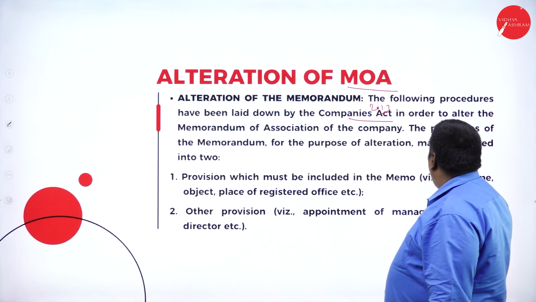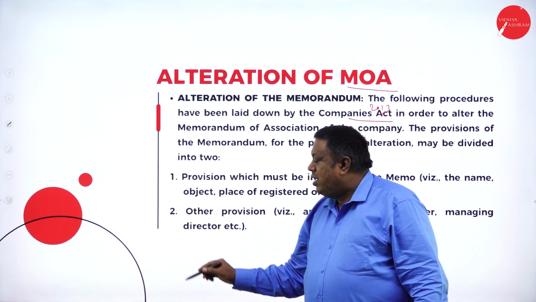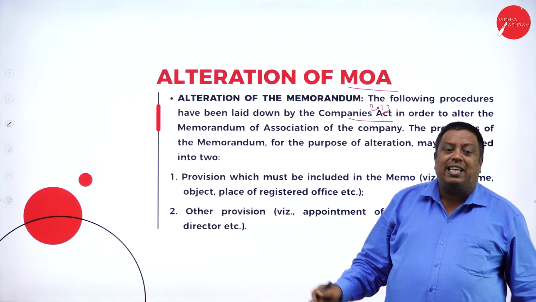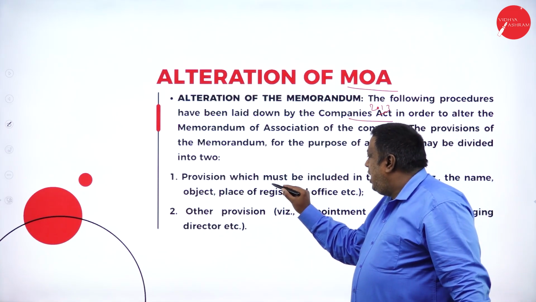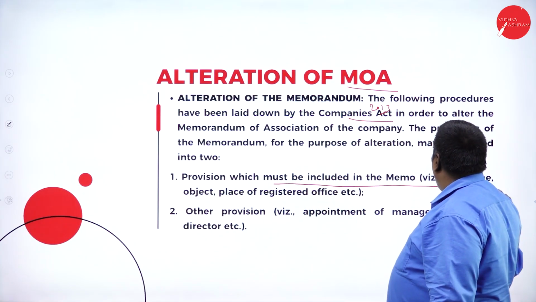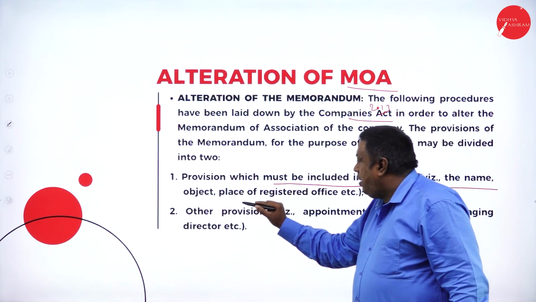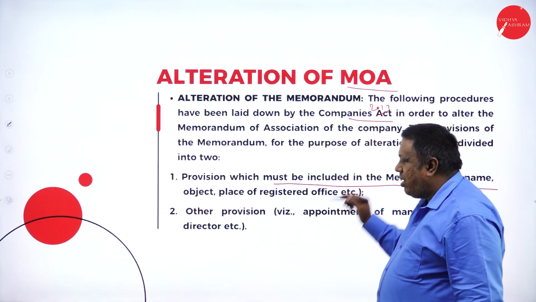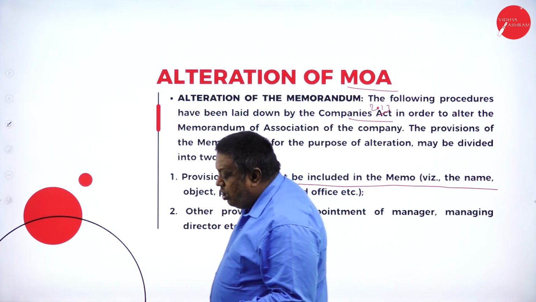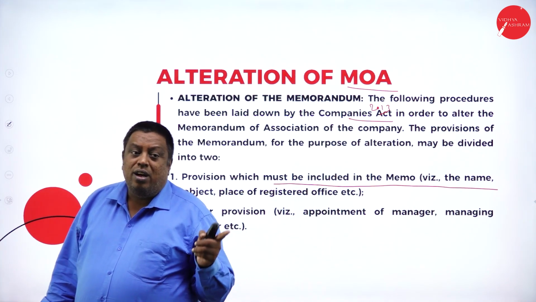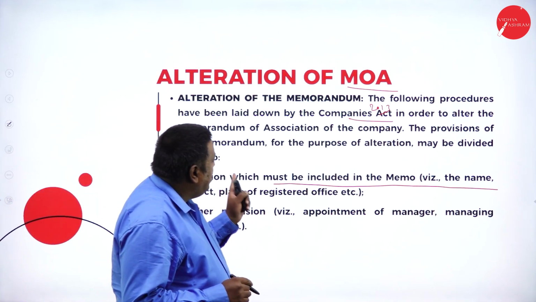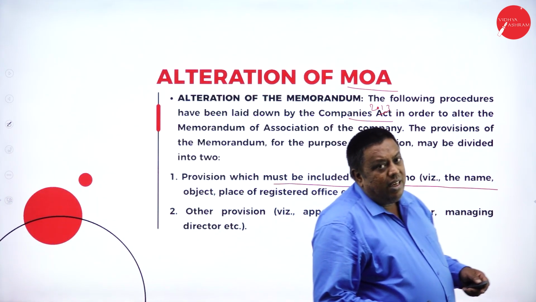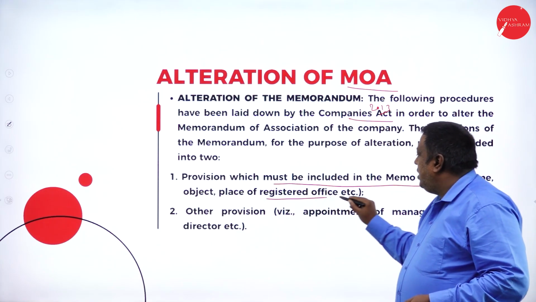The provisions of the memorandum, for the purpose of alteration, may be divided into two. The first provision must be included in the memorandum: the name, object, place of registered office, etc. That is, the name of the company, the official address of the company, the registered place, the object of the company, and the exact registered office.